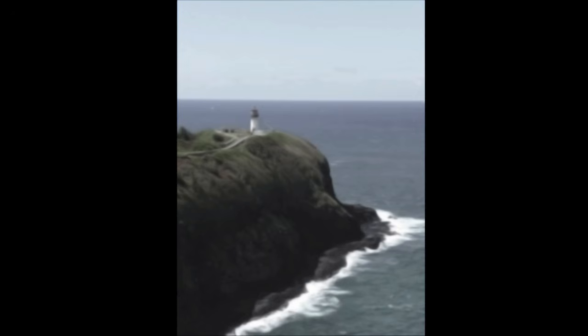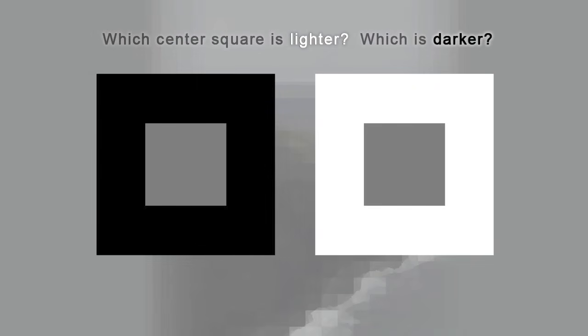And finally, the last step is to understand relative values. What relative values means is that you want to know what's around or next to the value in question. Anytime you want to make a value judgment, you want to pay special attention to what's next to it or around it. Let's take a quick look at this classic optical illusion. The obvious question is, which center square is darker, which is lighter?